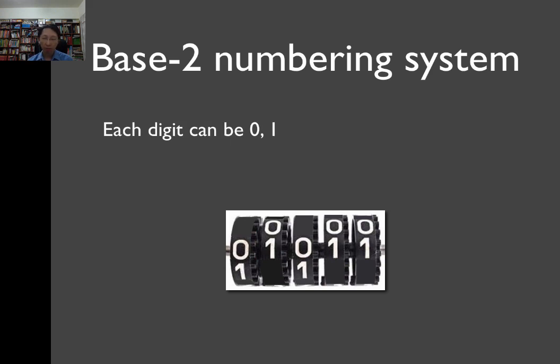当它转到1，下一个呢就是会再变成0，然后会进位。And we have a special name for binary digit.